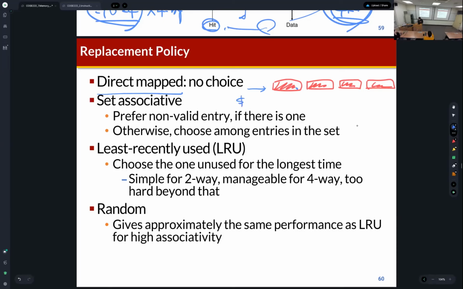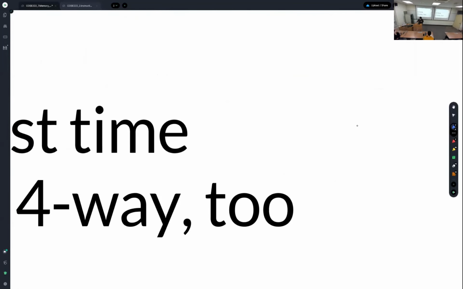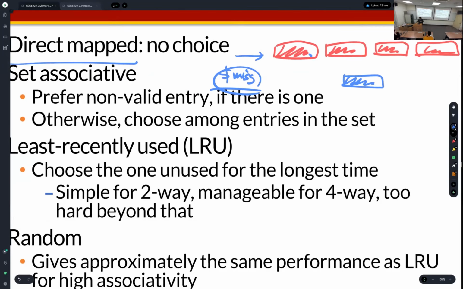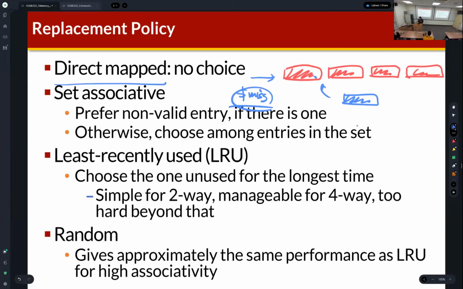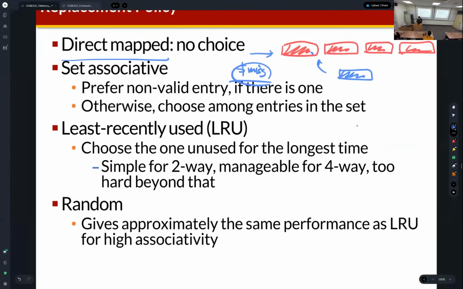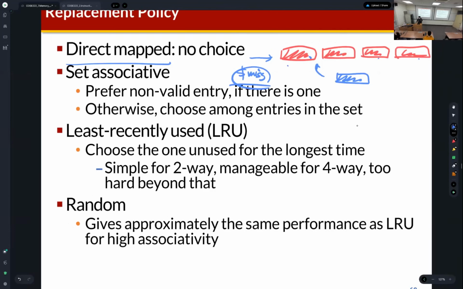In this case, the new memory block or a new block from the low level cache needs to be allocated to the target set. Then the problem is that we need to select which block is replaced in this case.